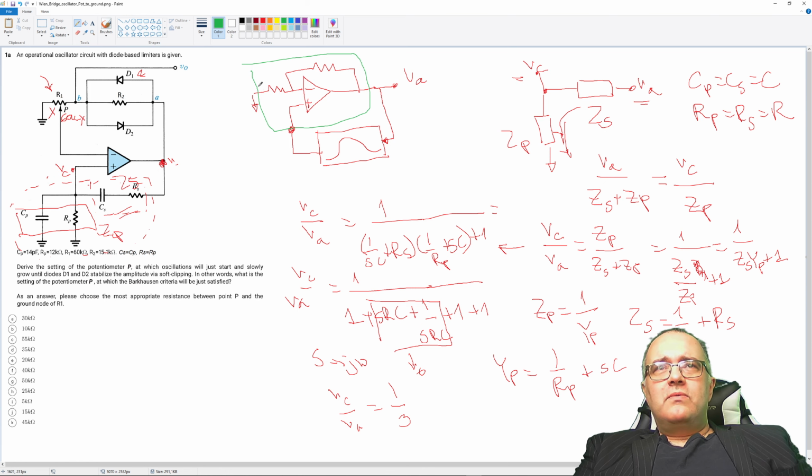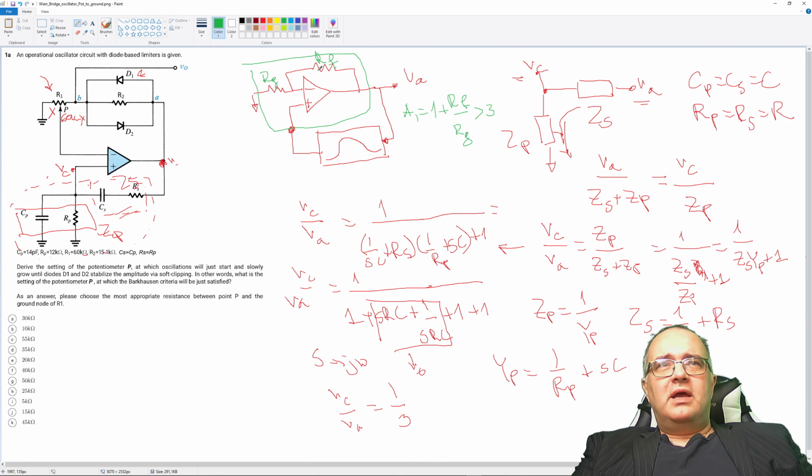Okay, so we require that this gain here, which is say I can name this RF and R ground, that this gain, which is say A1, is 1 plus RF divided by RG, and this is bigger than 3.